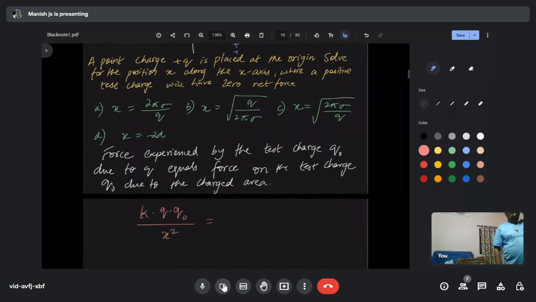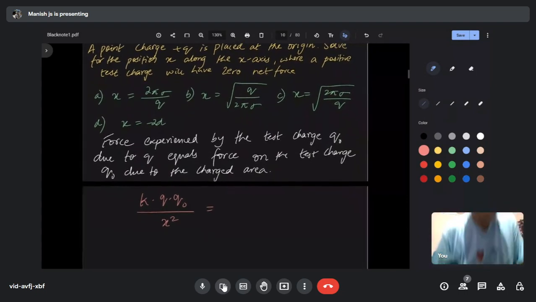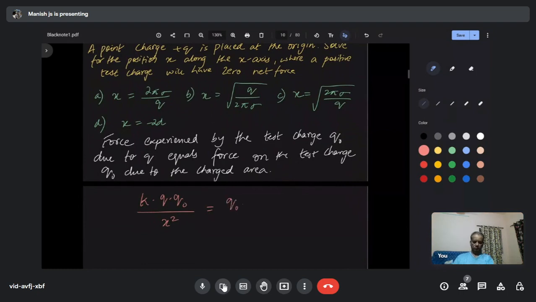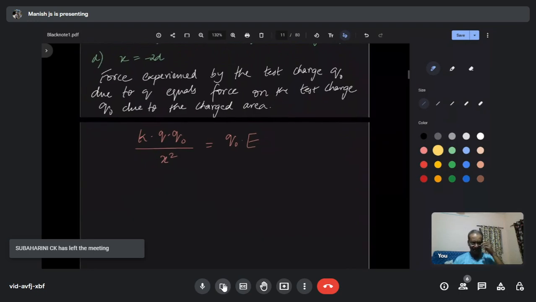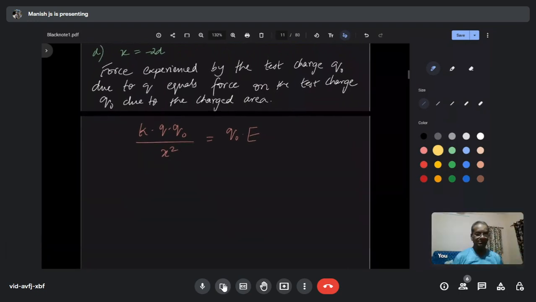Again, we are going to express it in terms of electric field, q into E. Here the test charge is q naught, so I substitute q naught in place of q, and the electric field is E, because both are balancing.